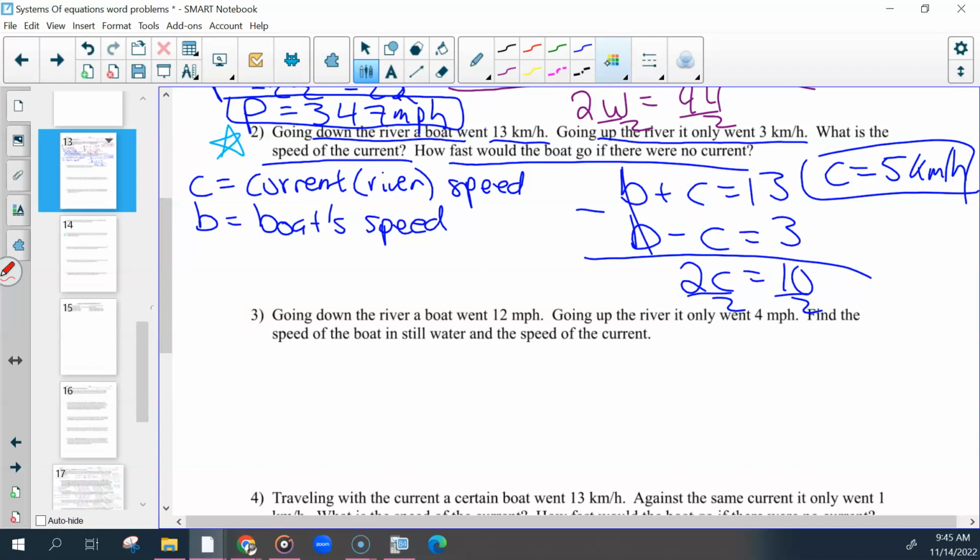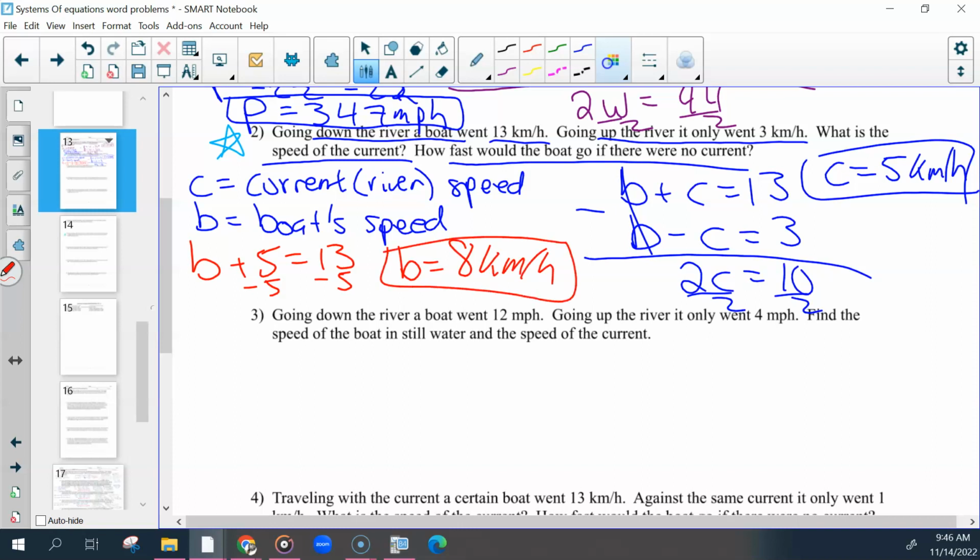Put that in to find your B. Subtract 5 on both sides. Again, really quickly, I can add: 8 plus 5 gives me 13. 8 minus 5 gives me 3.